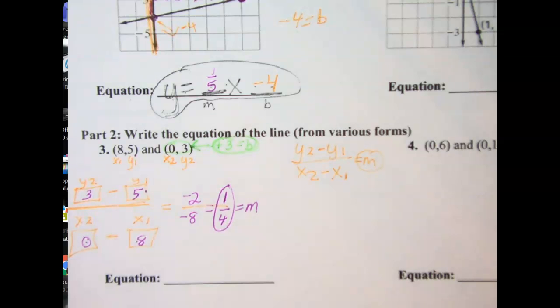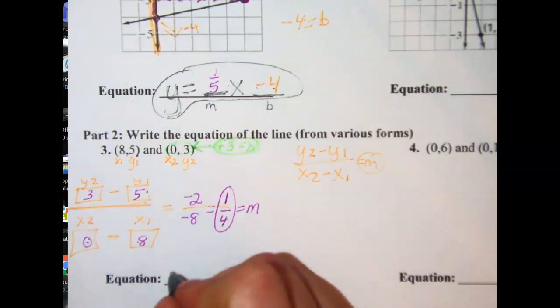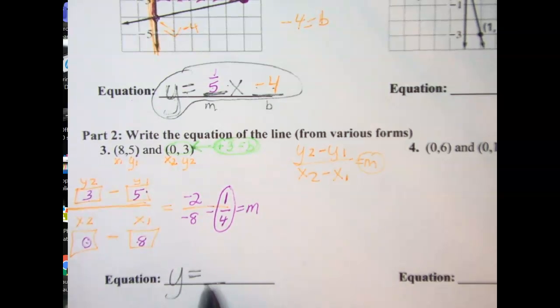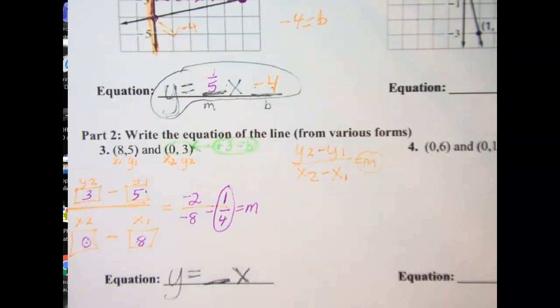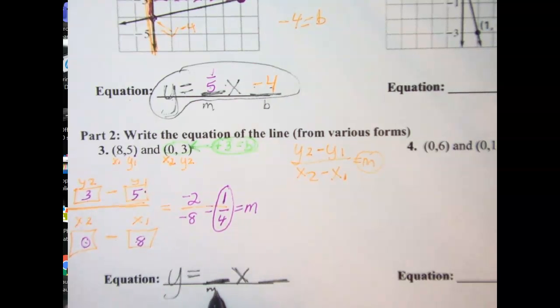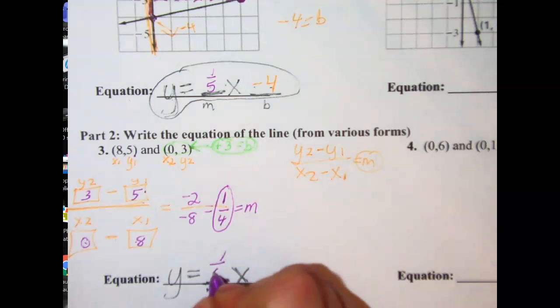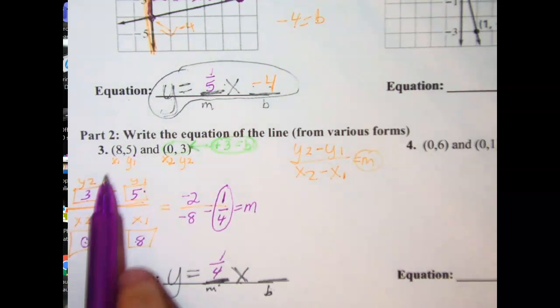I have my pieces. Again, my equation is always y equals something x. Those are always the givens. y equals, in the x, and then something else. The first something is y equals m, whatever my m is, x, and then remember my b. It's a plus or minus b. So we already figured out our m. We simplified it. It was 1/4. And again, we use the formula because of the 2 points.